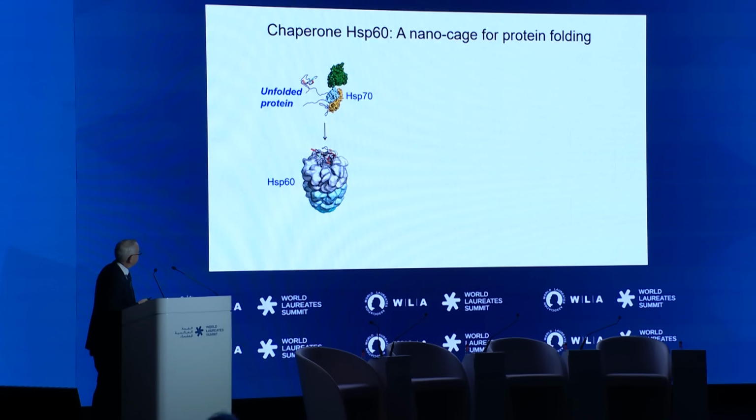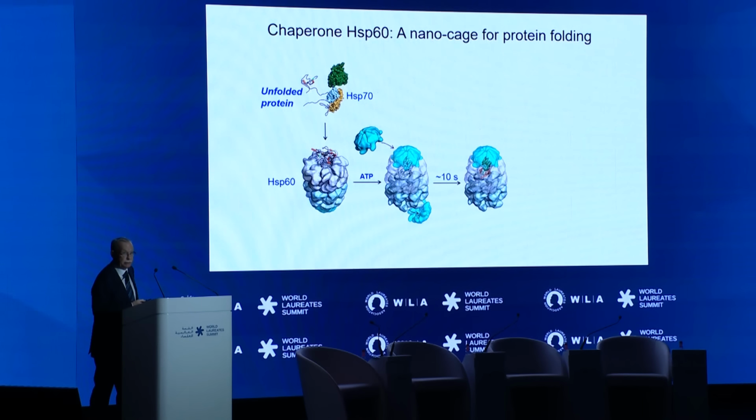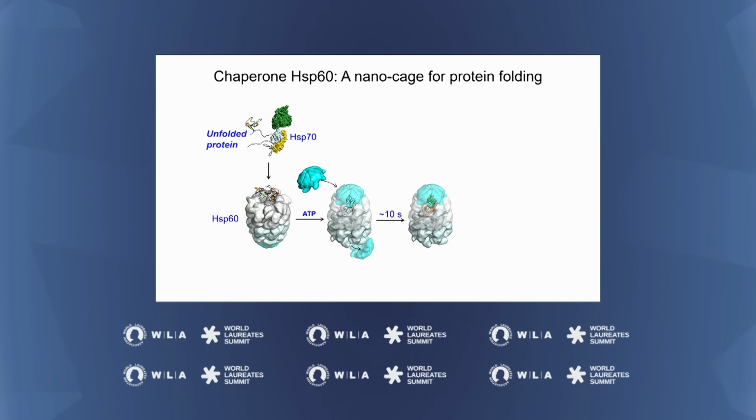The client protein binds into the central cavity of HSP60 and is then encapsulated by a lid-shaped cofactor, a really fascinating reaction. It is now allowed to fold in isolation because there is only a single chain of amino acid. It cannot clump together with other proteins. And after a couple of seconds, the lid will open and release the folded protein.